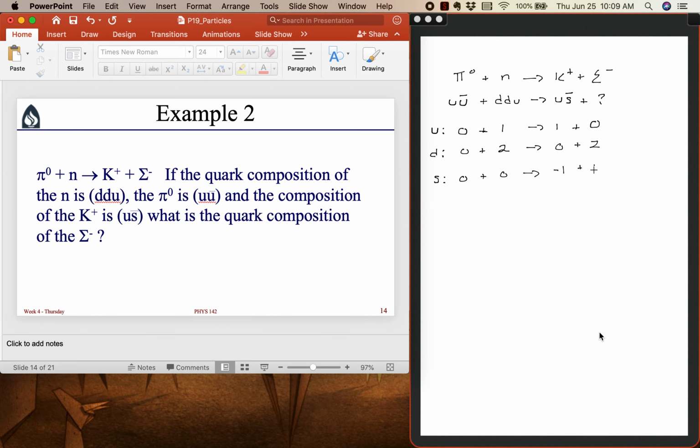So for our mystery particle, we have 2 downs and a strange quark. So the quark composition for our sigma minus would be down, down, strange, or strange, down, down if you prefer.